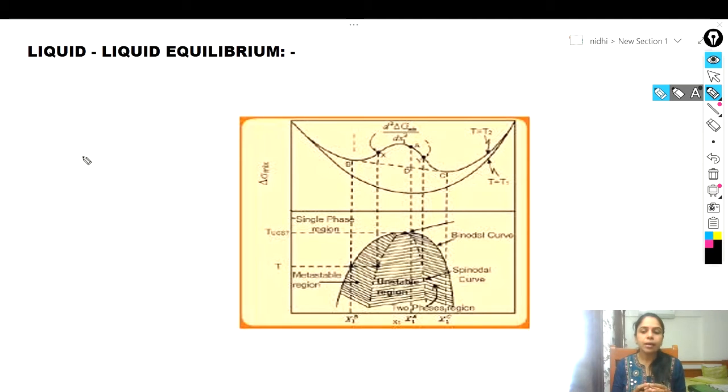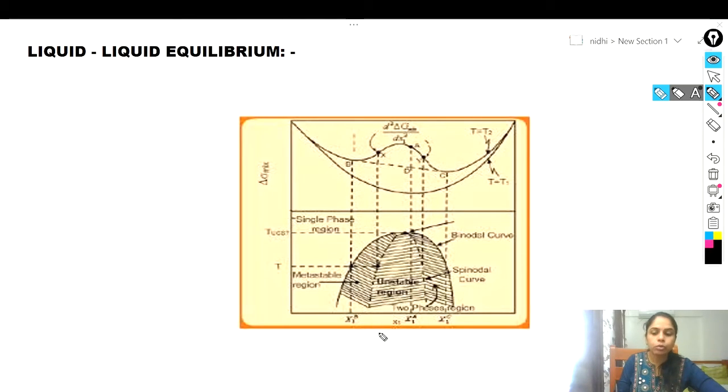So consider a mixture of two liquids, 1 and 2, whose calculated Gibbs free energy of mixing at constant temperature and pressure is given by this curve. On the x-axis we have the composition.